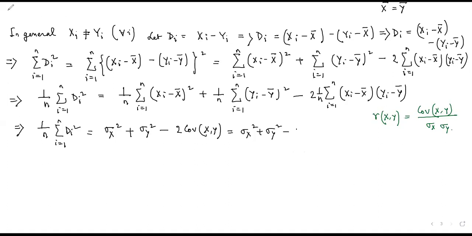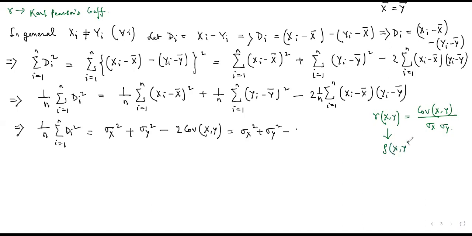But since capital R is retained for the Karl Pearson correlation coefficient, and in this particular section we are calculating a special case of Karl Pearson, known as Spearman's rank correlation coefficient, we can denote this correlation coefficient by the symbol rho xy.